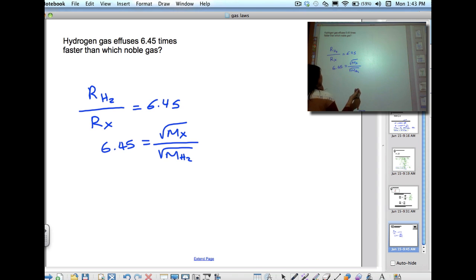Great. We don't know the molar mass of X because we haven't identified X yet, but we do know the molar mass of hydrogen, so that gets us to one equation and one unknown. So when you solve for the molar mass of X, you square both sides to get rid of the square root sign.